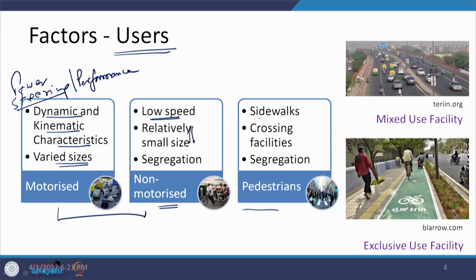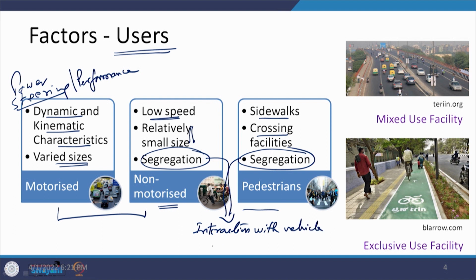Similarly, when you look at pedestrians, they are a totally specific entity on a road. They may be moving all along the road, they may be crossing the road, and that is where facilities are required in terms of sidewalks or crossing facilities. One thing being written here in both of these cases is segregation, and this segregation is important. The reason being, if they are interacting with the vehicle, then this interaction with vehicles may be hazardous in nature.